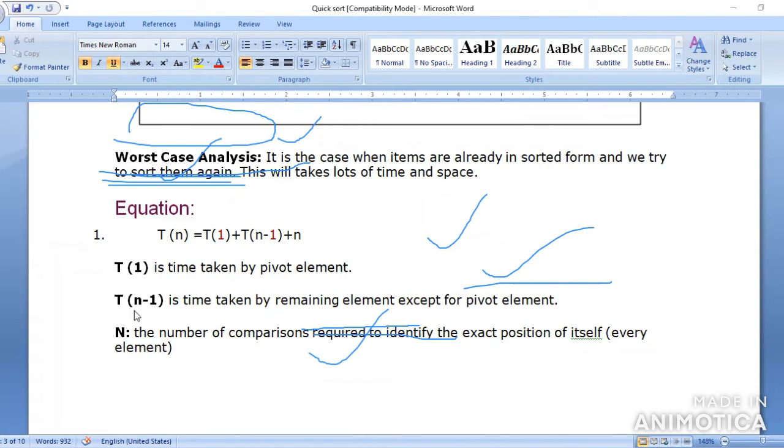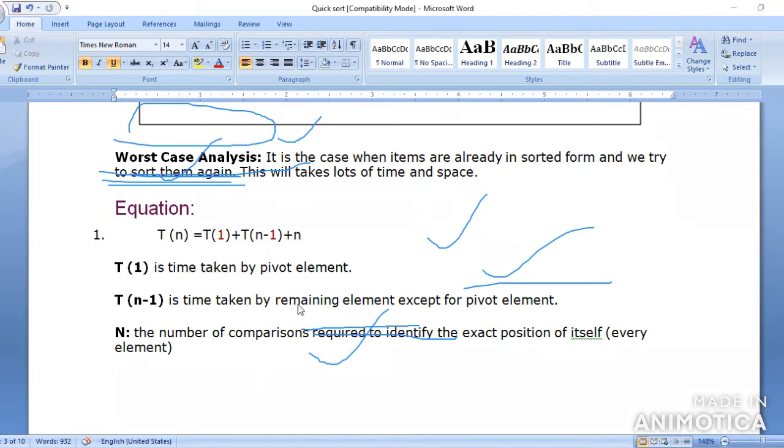Worst case means when the items are already sorted and we try to sort the values again and again, it takes a lot of time complexity and space complexity. This is the worst case analysis.